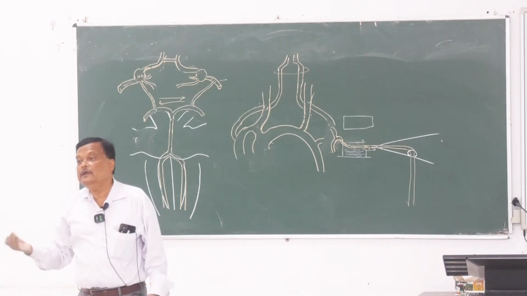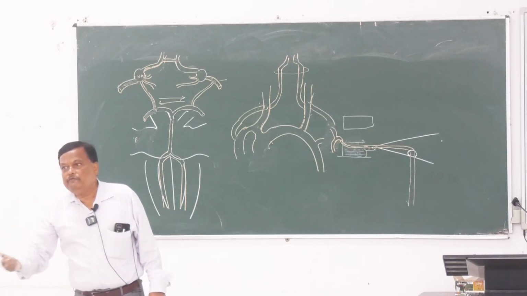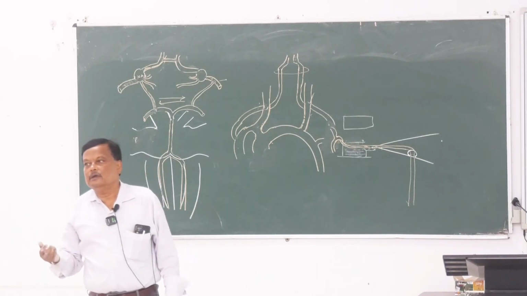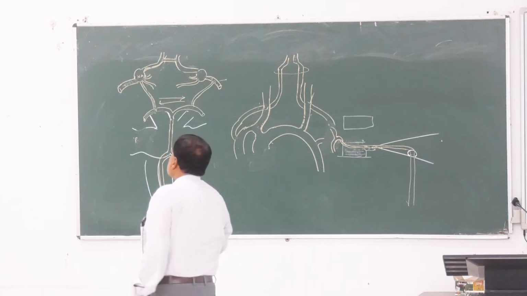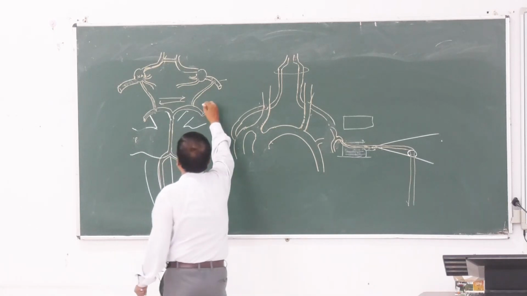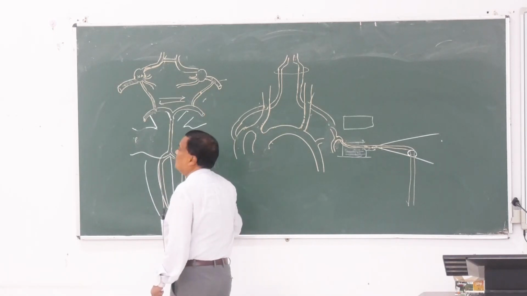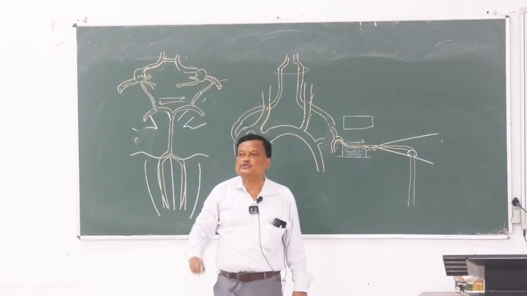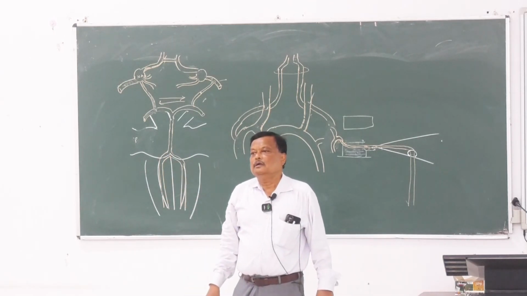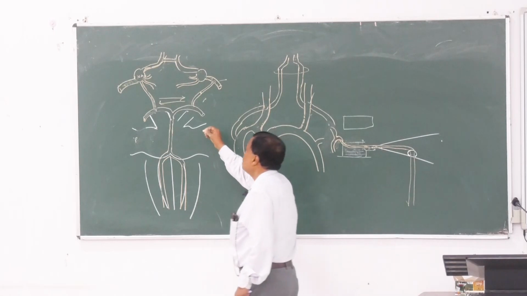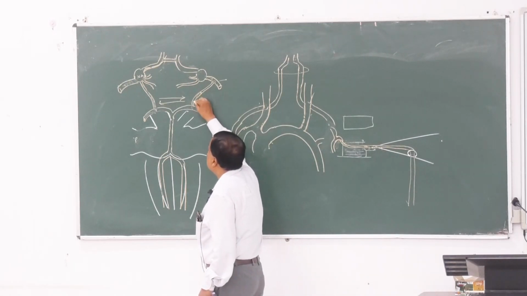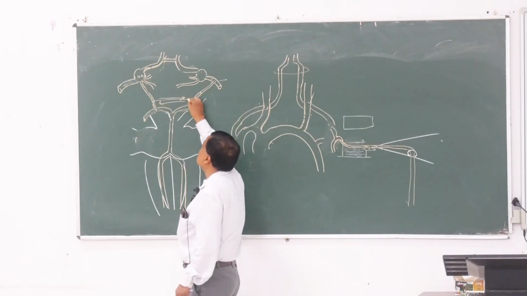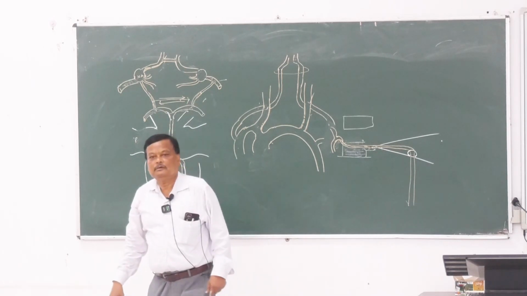Then what is the need? The need is that in our day-to-day activity, there may be certain rise of blood pressure, or a small artery block. Then these come into action. If there is a block, the blood will flow in this way and supply from right to left.